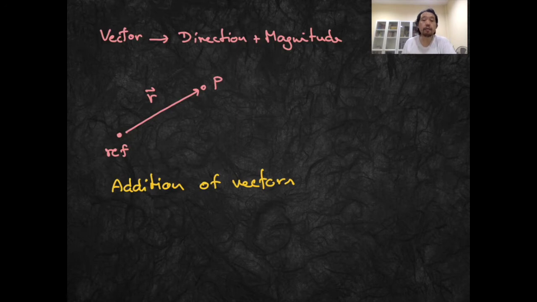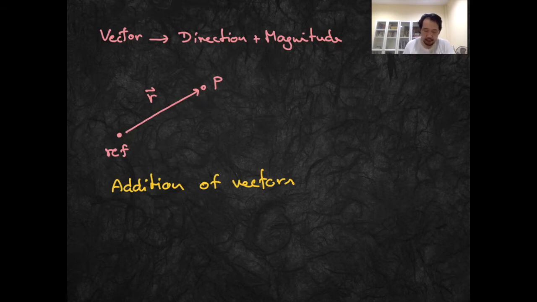The basic, the easiest way to write down the vector is to write it graphically as an arrow, like in this figure. As in this figure, it is an arrow pointing from you to the object at point P.